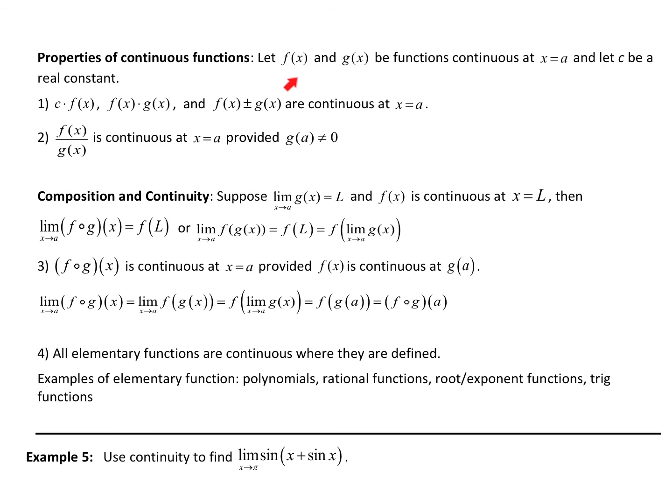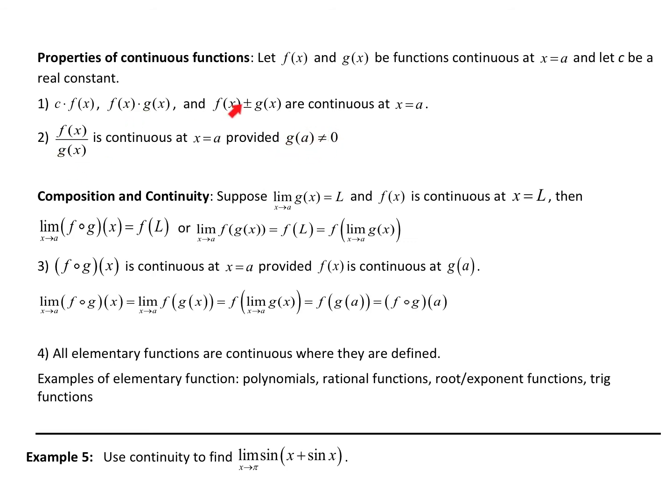All right, when you're done with example 4, we have a different property of continuous functions. It's kind of similar to the limit. When we have continuous functions, you can add 2 continuous functions and the result will also be continuous at that particular point. You can divide f of x over g of x, and it's also continuous, provided that g of a is not equal to 0. Again, zero denominator.